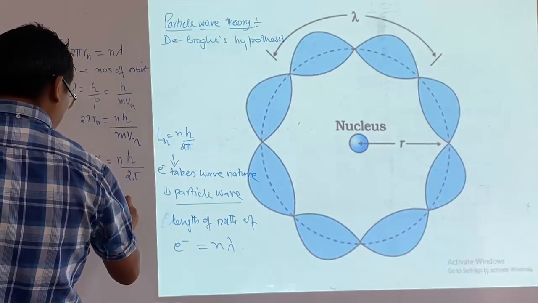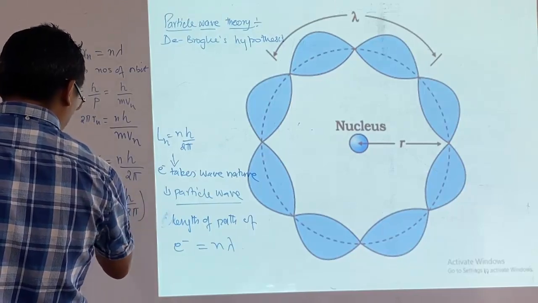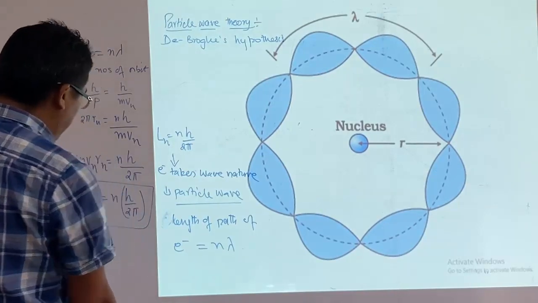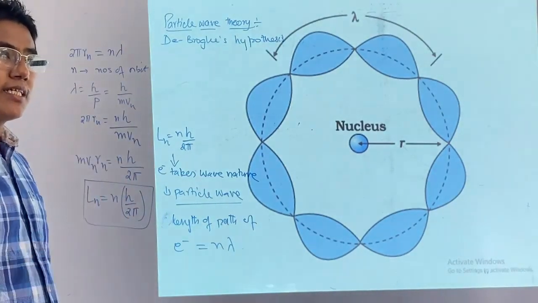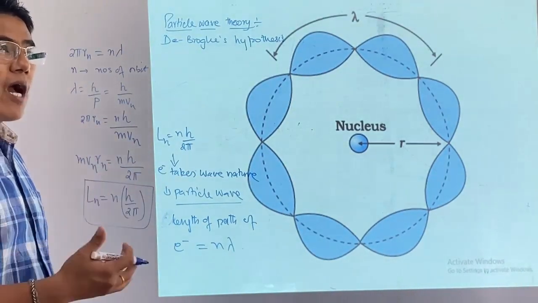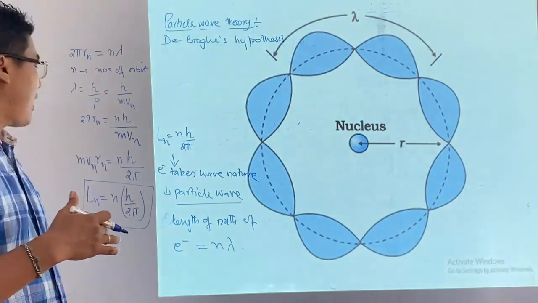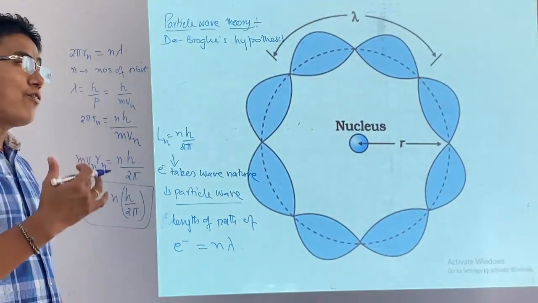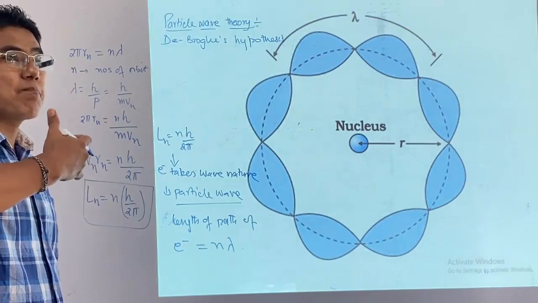Now we can derive Bohr's second postulate, right? Using the de Broglie hypothesis. So this tells us that Bohr's second postulate is a result of the de Broglie hypothesis. That means this can be explained only if the electron has wave nature. Now we call it a particle wave.